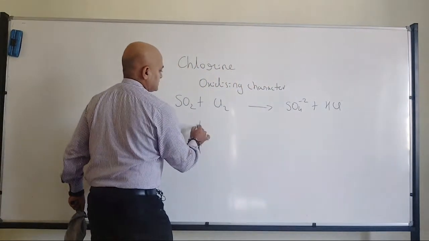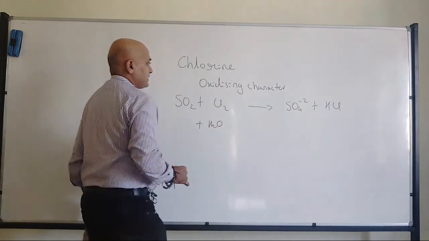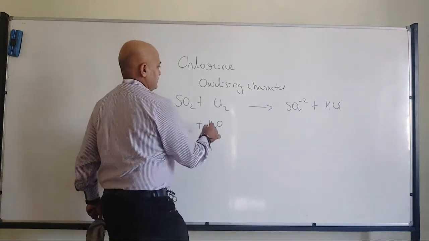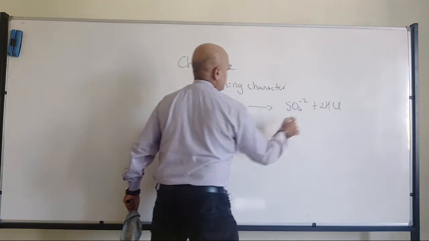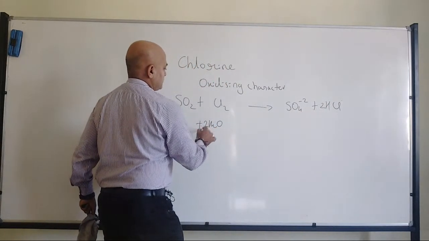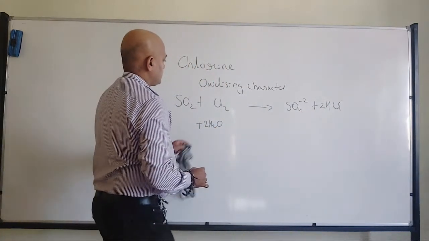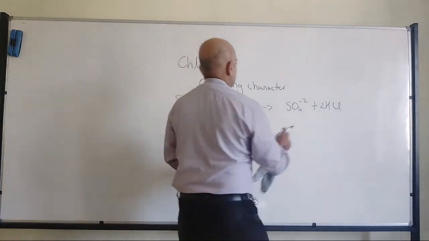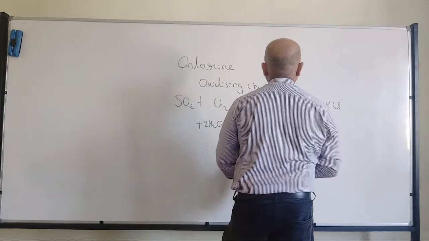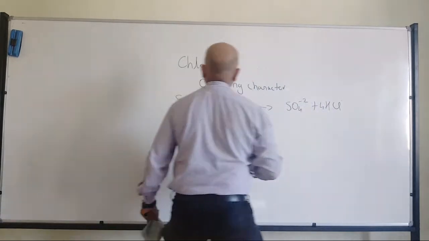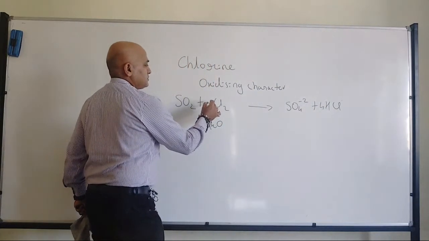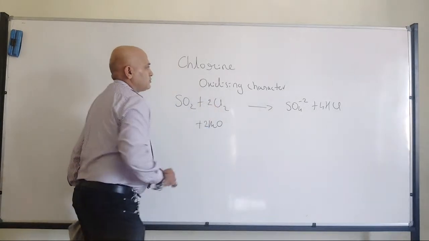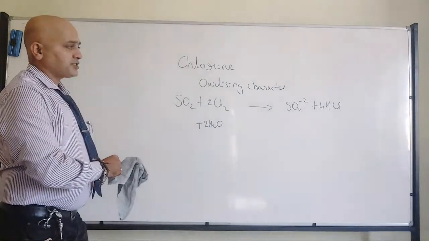Since hydrogen is there, I will make H2O here. So now 2, so here also 2, 4, and here it should be 4, and here it should be 5. This is the reaction.